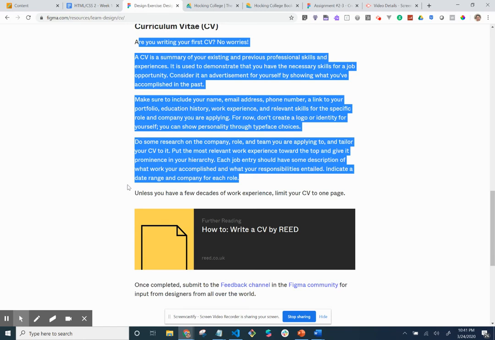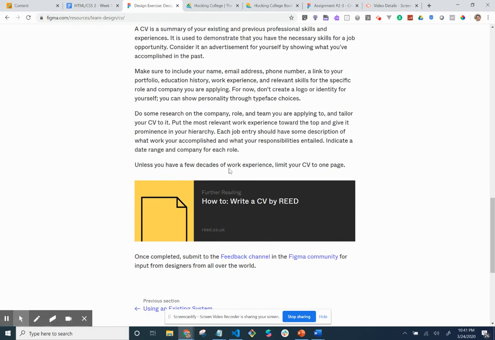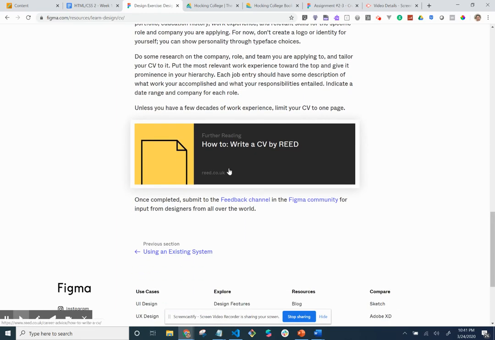And the people that are looking at your resume for a job opportunity, they want to see, quickly and easily, why they should consider you and keep looking at your resume. And so you want whatever those particular characteristics for that job to be really prominent. Unless you have a few decades of work experience, limit your CV to 1 page.